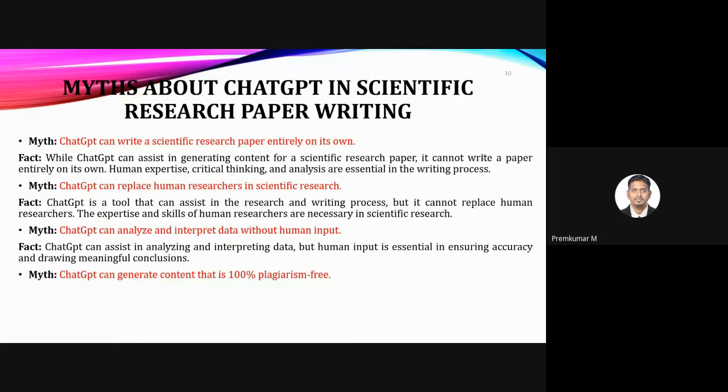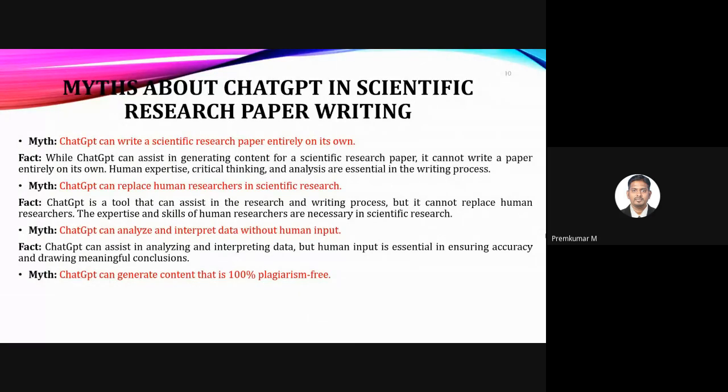Because nowadays when you submit papers, they are scanned through plagiarism tools, and these tools have started adopting AI technology too. The same kind of algorithms the AI tools use, the plagiarism tools also use. If you generate any content through AI tools, the plagiarism tools will capture it easily.